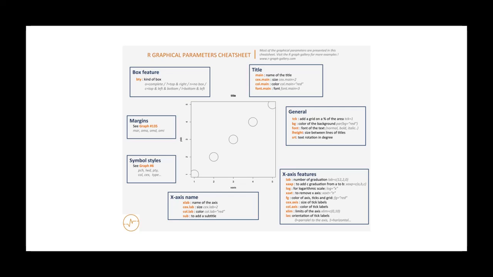We can use symbols like plus symbol or triangle, etc. for different variables using the pch parameter. We can give the names for x-axis, y-axis and individual columns, etc. And we can set various features of the x-axis also. So some of these parameters we can set globally using the par function. So we will see these things in RStudio.